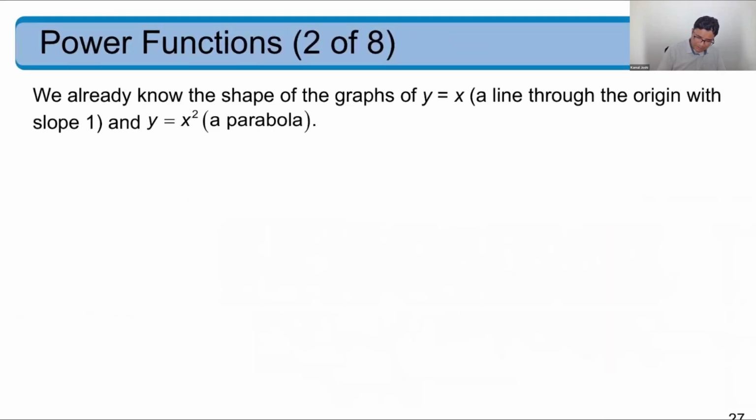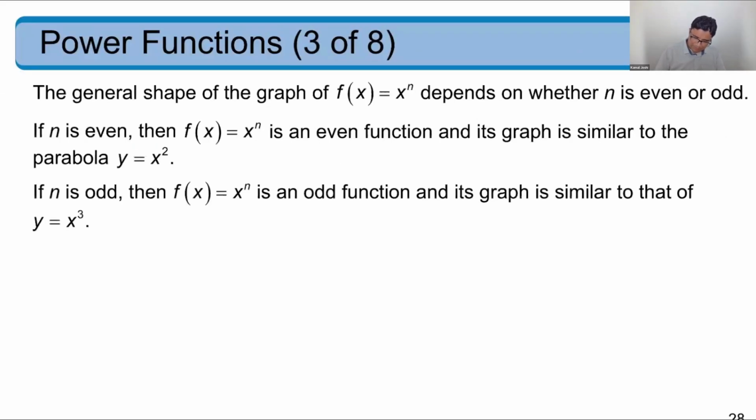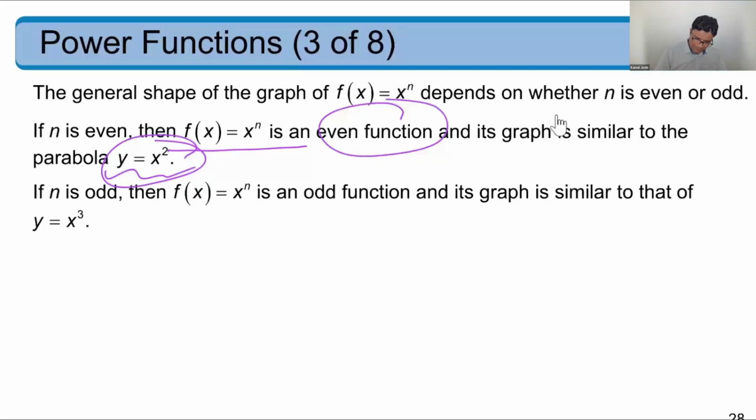Yeah, that's what we are discussing here. The shape of y equals x is a line. Y equals x squared is a parabola. In general, x to the n for even n will look like y equals x squared. And for odd powers, it will look like x cubed.